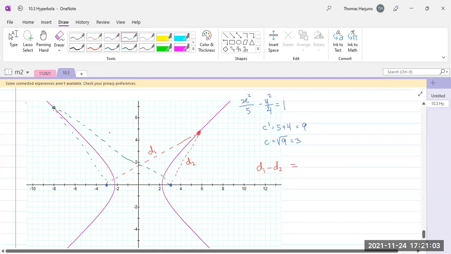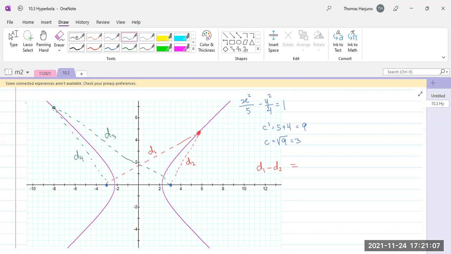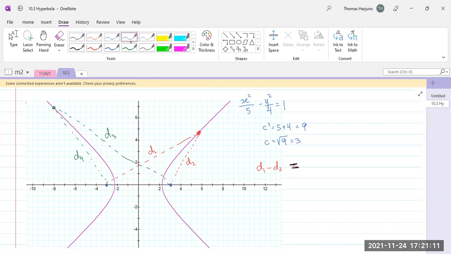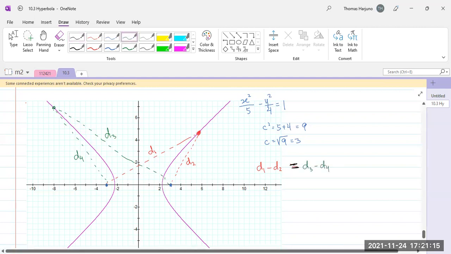If I call this D3 and this D4, then D1 minus D2 is equal to D3 minus D4. That's what we meant by the difference of the distances being constant.